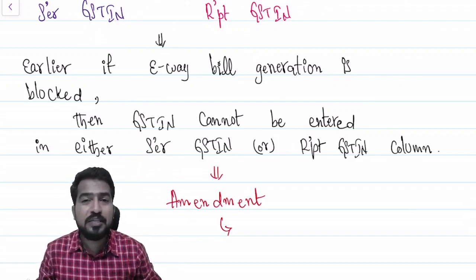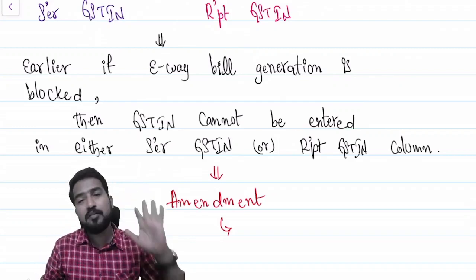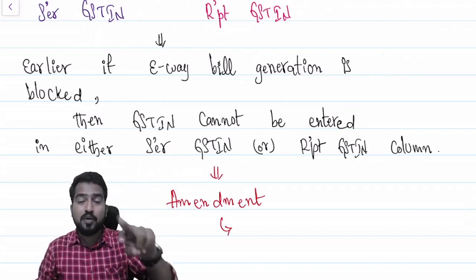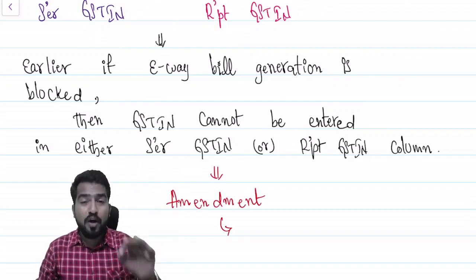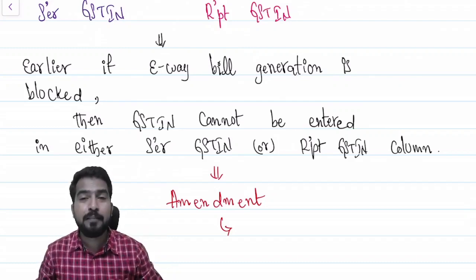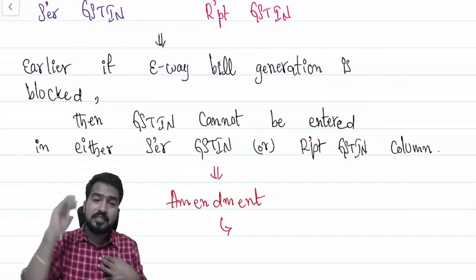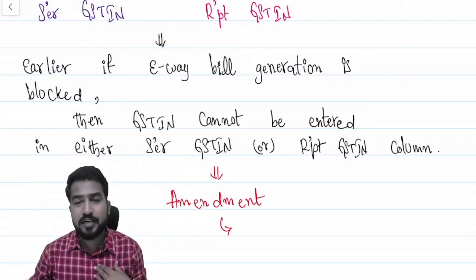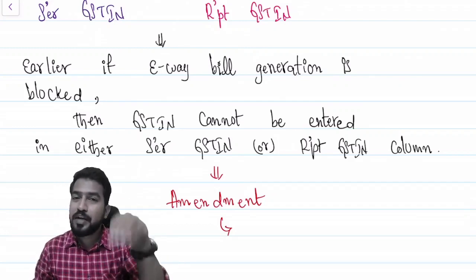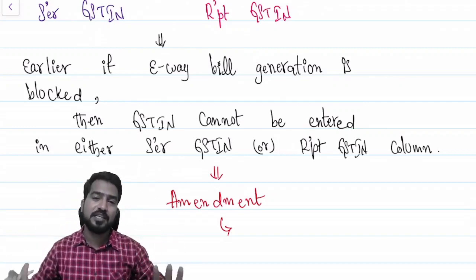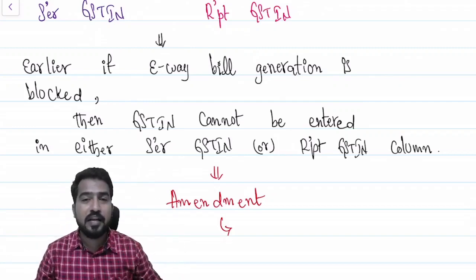Will the e-way bill be generated? Yes, now it will be generated. That means when e-way bill generation is blocked as per Rule 138E, in the capacity of recipient the e-way bill gets generated, but in the capacity of supplier it will not get generated. That is the relaxation given now.